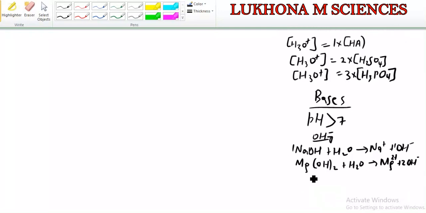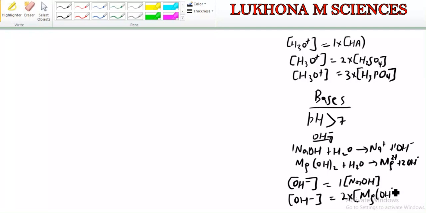That is how it goes, meaning that the concentration of OH minus will be equal to 1 times the concentration of sodium hydroxide, because it has only one. But in this case we have 2 OH, which means it will be 2 times the concentration of magnesium hydroxide. Then this is how it goes.